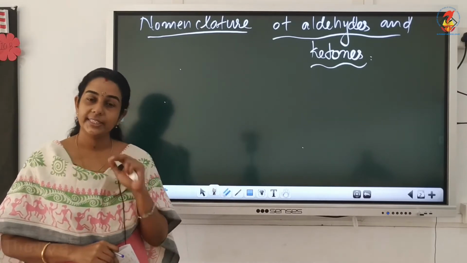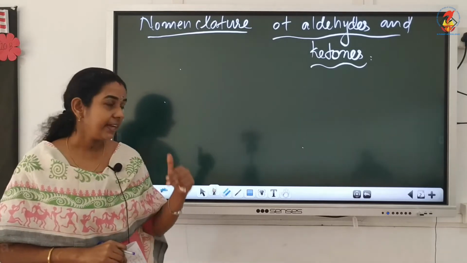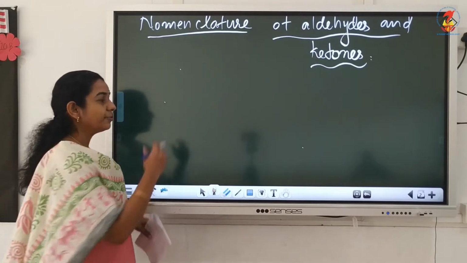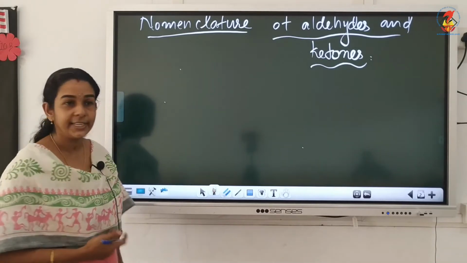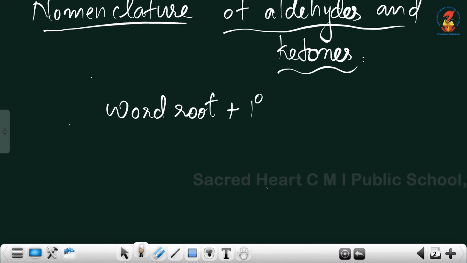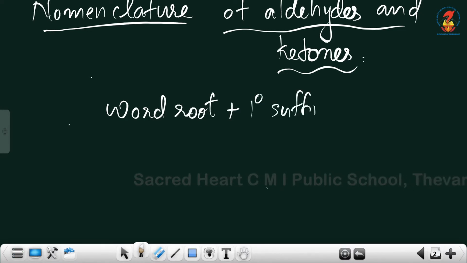Okay, and the next rule is from the parent chain we can write the word root. So what is the format of writing the IUPAC name? First we are writing the word root. Then after that, along with the word root, we are writing the primary suffix.